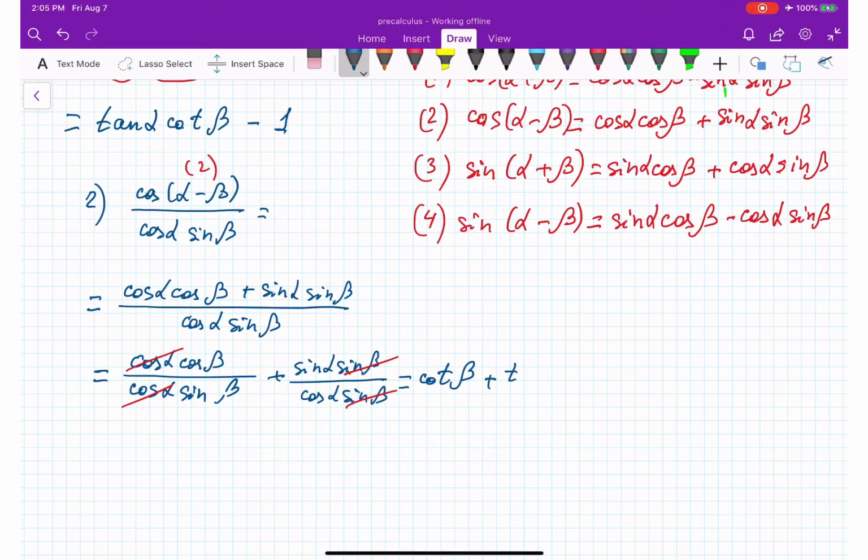Because sine alpha over cosine alpha gives tangent alpha. And that's it. We are done.